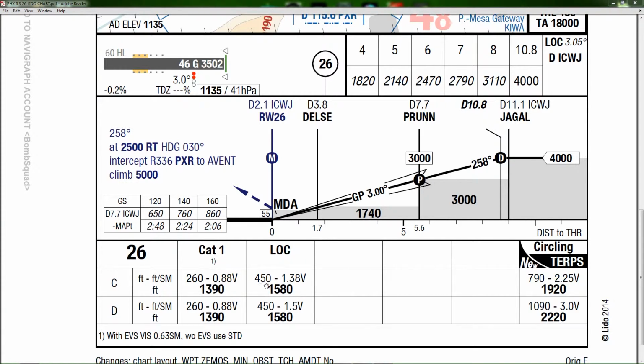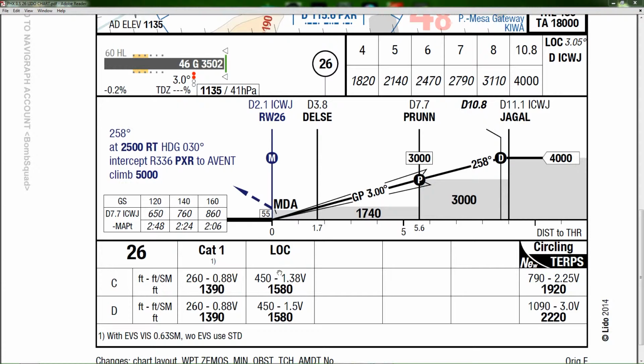If you're flying just the localizer, okay, Cat 1 is the ILS. It's not a Cat 3, it's only a Cat 1. If you're flying the Cat 1, your minimum decision altitude or minimum descent height is 260 feet and 0.88 miles visibility, and that's for both C and D category of aircraft. If you're flying just the localizer, that means you're not using the glide slope.